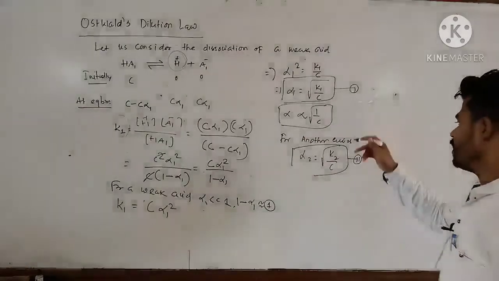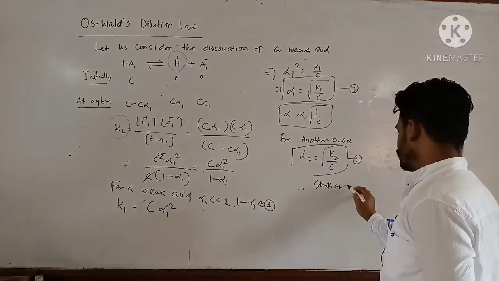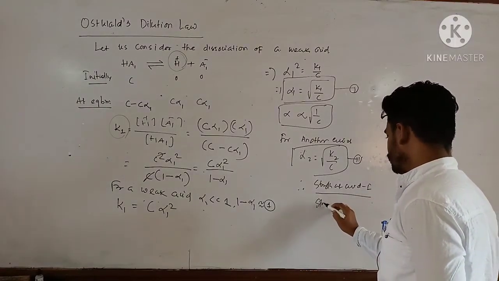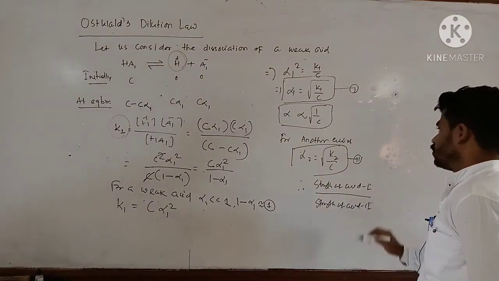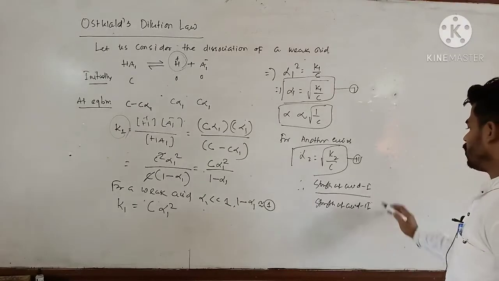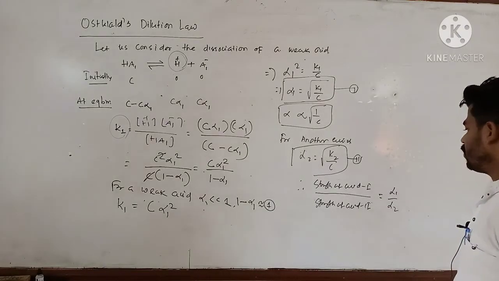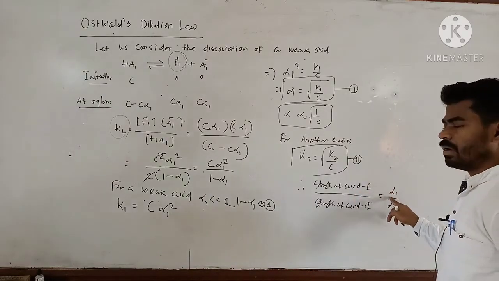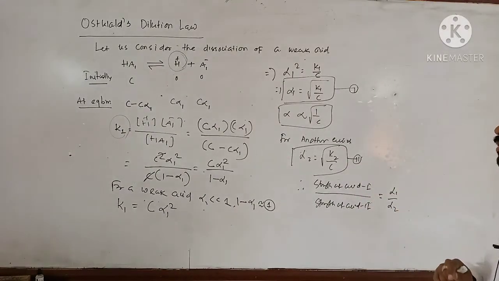So I can compare here the strength of acid 1 upon strength of acid 2, that becomes equal to alpha 1 by alpha 2, because strength of an acid is directly proportional to degree of dissociation. The more the degree of dissociation, the more will be the concentration of H plus ion, and hence the more will be its acidic strength.